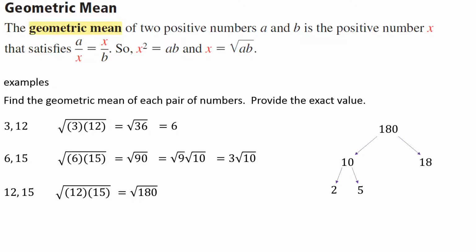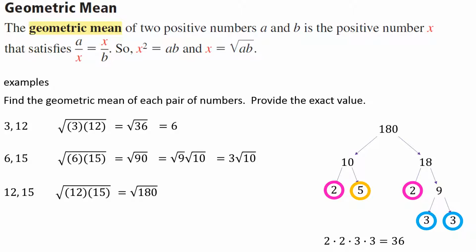But 10 is 2 times 5. 18 is 2 times 9. And of course, 9 is 3 times 3. So the prime factorization has a pair of 2's, a pair of 3's, and a leftover 5.